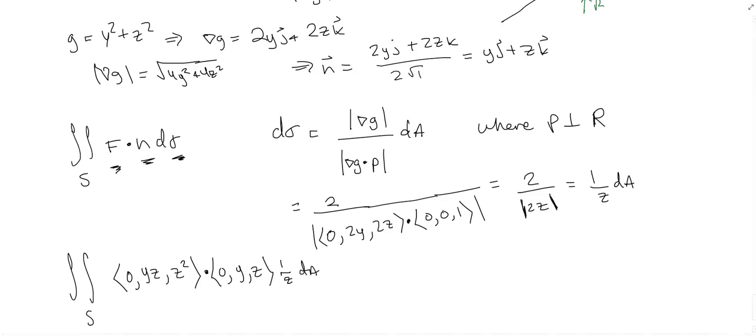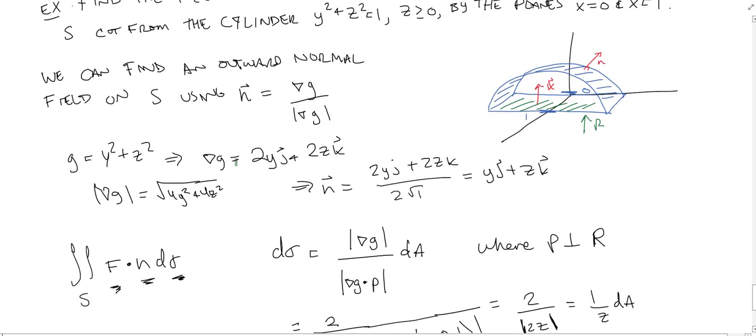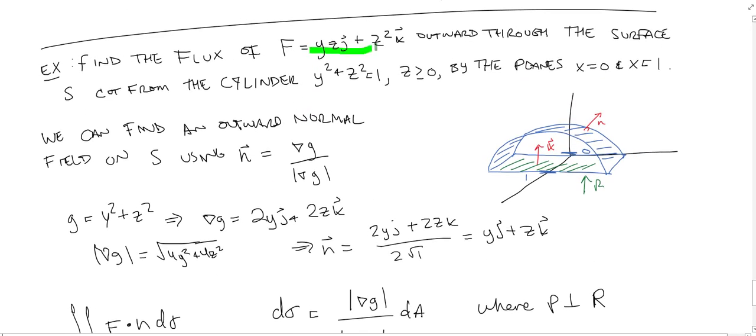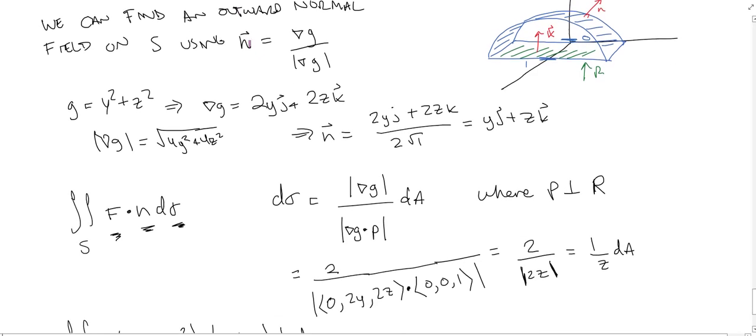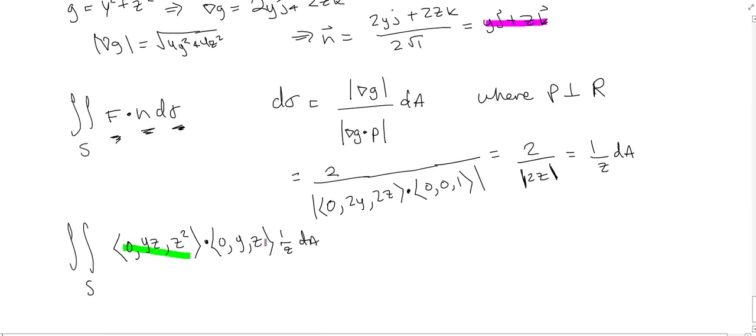And real quick, just to show you what we were doing here, this was from the given one right back up here, and then over here was n. And then we did all this work to find d sigma, which was that part.